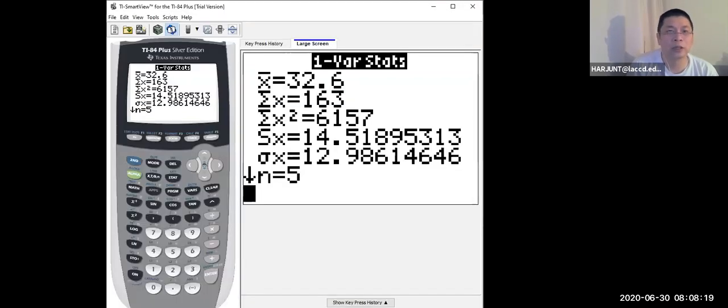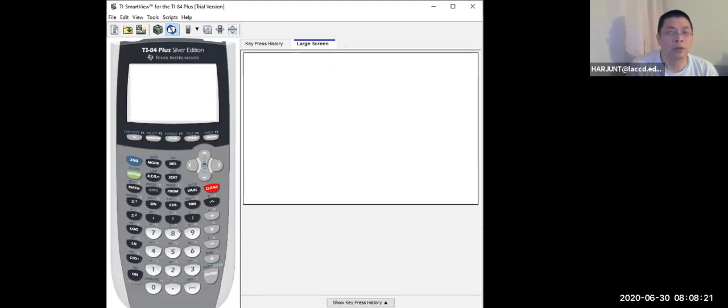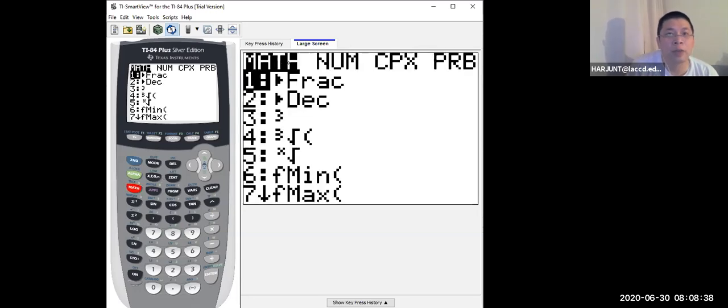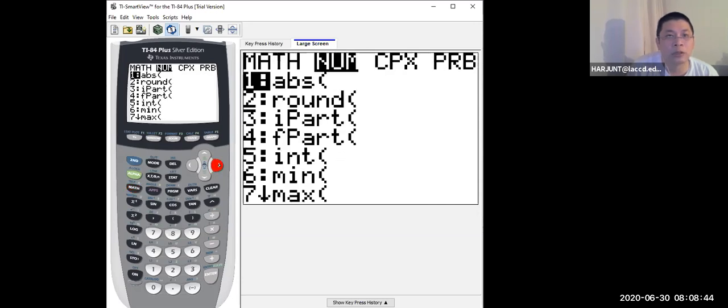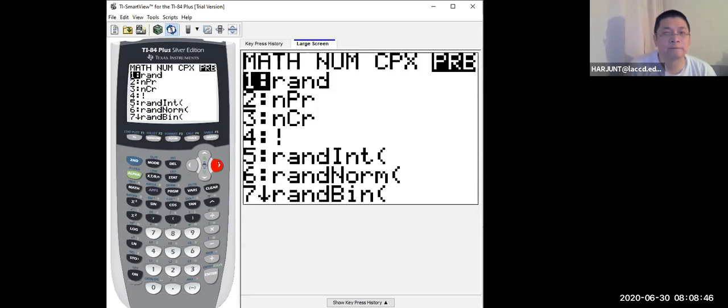Let's see, 8 factorial. Yes, it's on the calculator view. You press 8 and then go to math here, the left-hand column, the third from the top. You have the options math, numerical, complex, probability. Now you move the cursor to PRB and then choose option number 4.